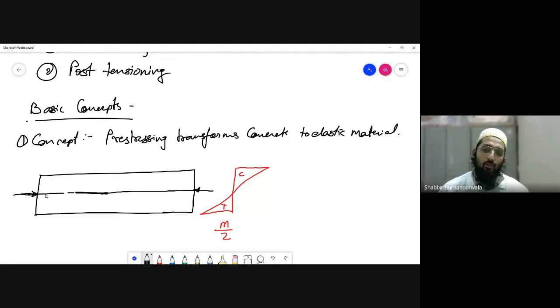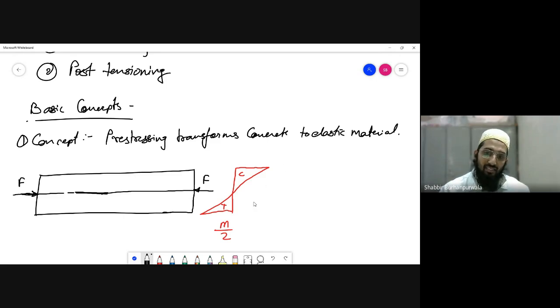The tendon tries to come towards its original length, and in that process it will induce two inward forces of magnitude F and F from both the sides at the center. Because of these forces, there is going to be a direct stress applied on the cross section. Why am I saying direct stress? Because I am applying this force at the center of the cross section.